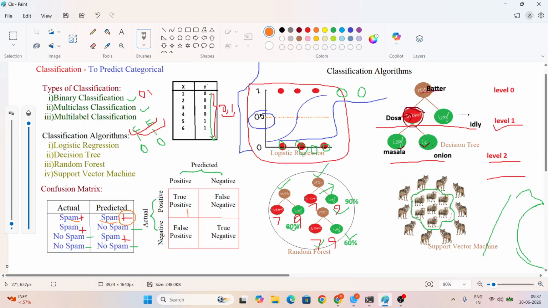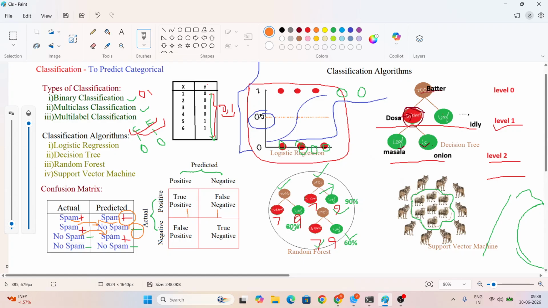Here it is spam and predicted as no spam. So this is false, and it ends with negative, so that is called false negative. Guys, you are checking whether it's true or false. Here the input is no spam, but the output is spam.